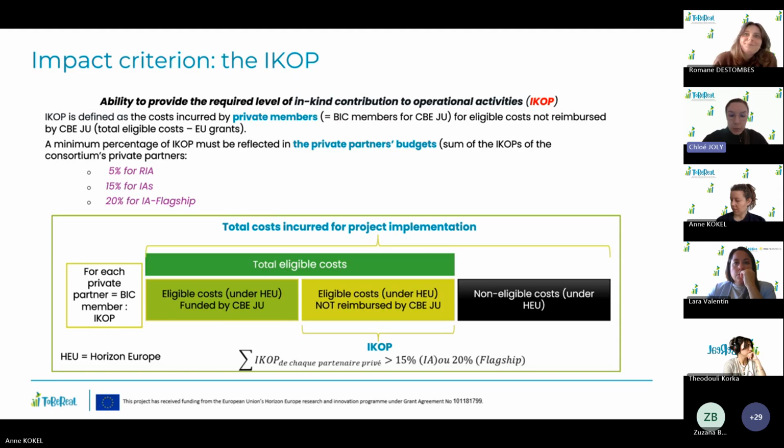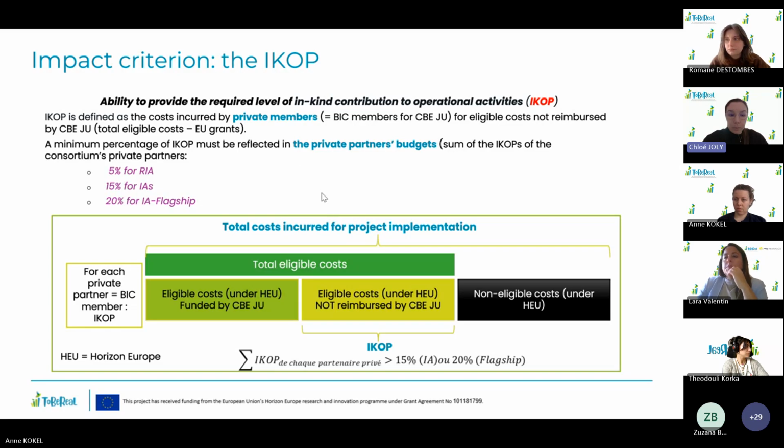You can see on the graph below that the in-kind contribution is the eligible cost that will not be reimbursed by CBE JU. So there is a minimum of 5% for the research and innovation action, 15% for the innovation actions demo, and 20% for the innovation flagship to demonstrate in-kind contribution covered by BIG private members.